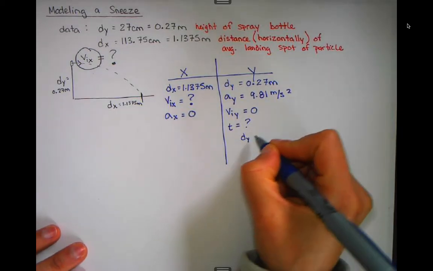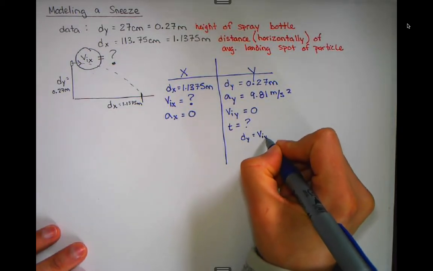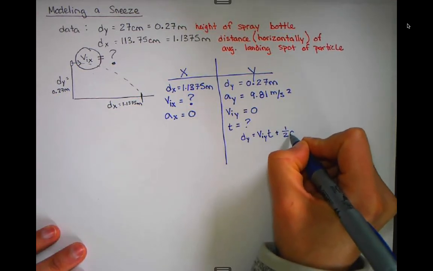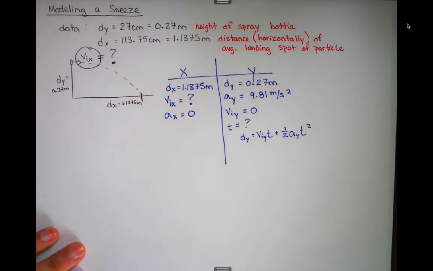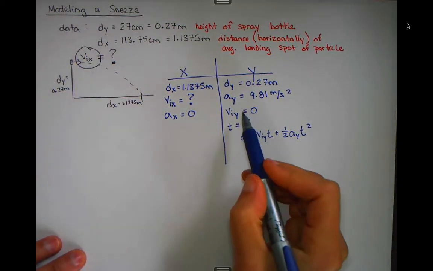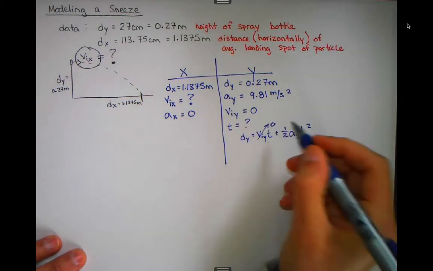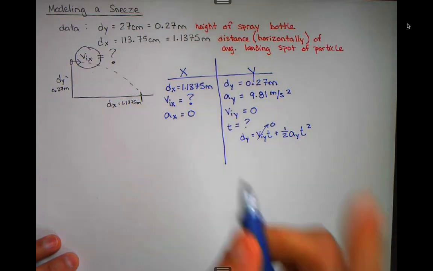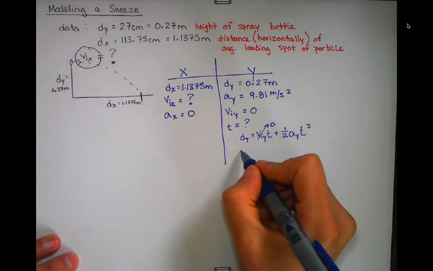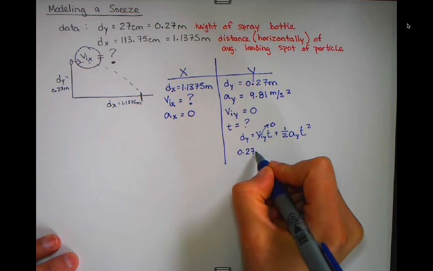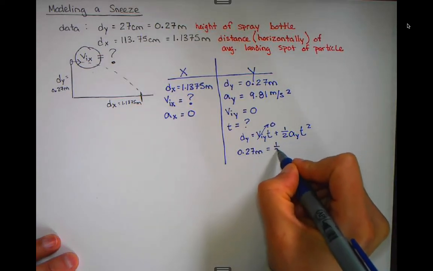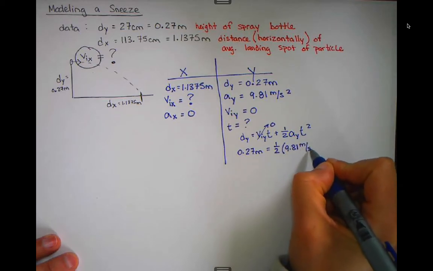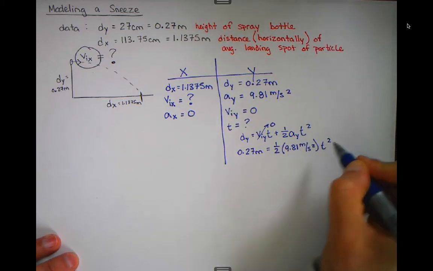Okay. So I'm going to use the distance equation on the y side, and I'm going to put little y's in here. So dy equals vi in the y direction times t plus 1/2 ay times t squared. Okay, now initial velocity in the y direction is 0, and so now I'm going to start plugging my numbers in, right? So you have to plug your own numbers in. So distance in the y direction was 0.27 meters equals 1/2 times acceleration due to gravity, 9.81 meters per second squared, times t squared.